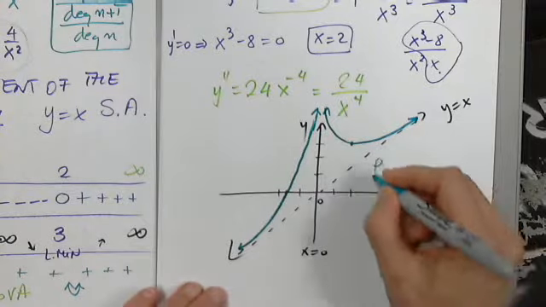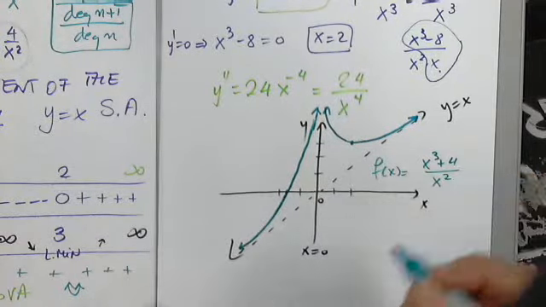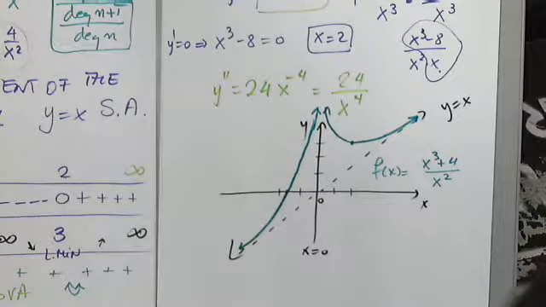And this is the function f of x equals x to the third plus 4, divided by x squared. Let's graph this one with the graphing calculator because you have to remember to put in the slant asymptote. The calculator will not do it by itself.